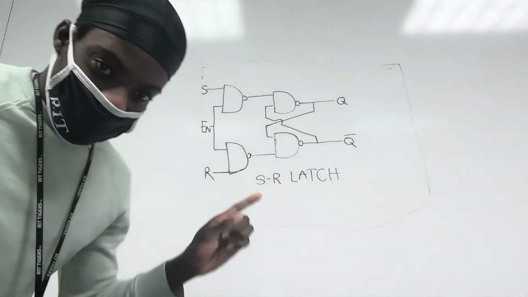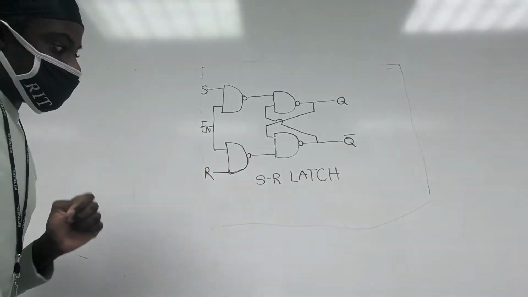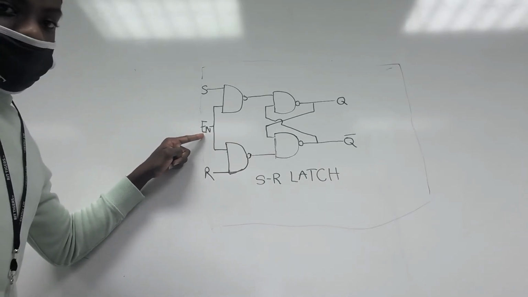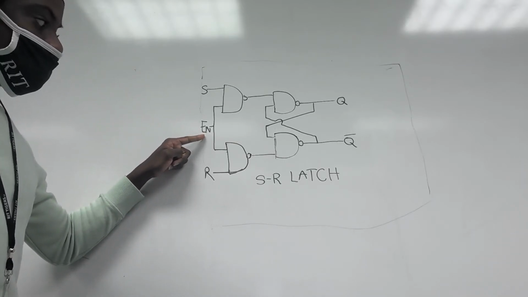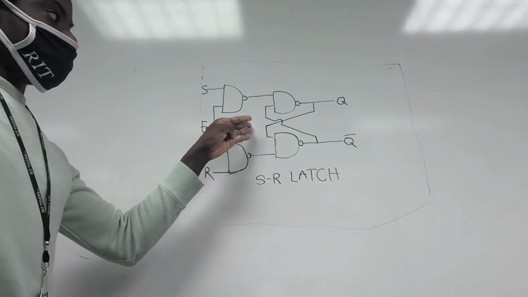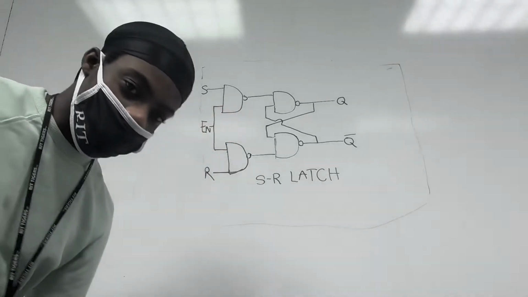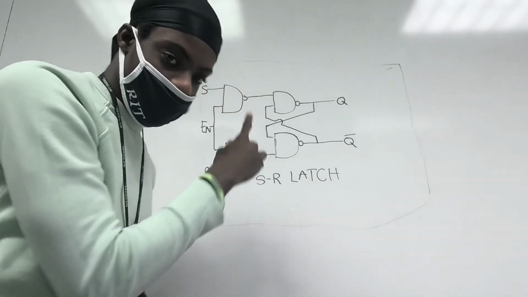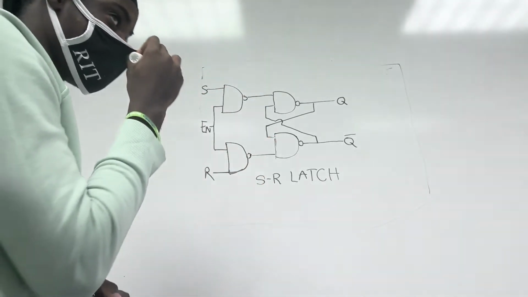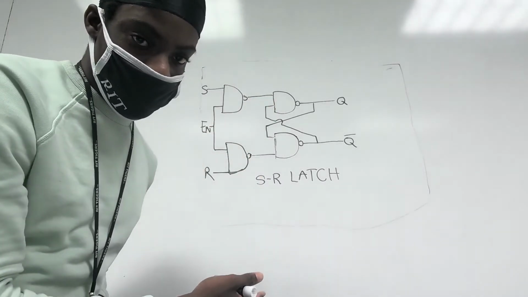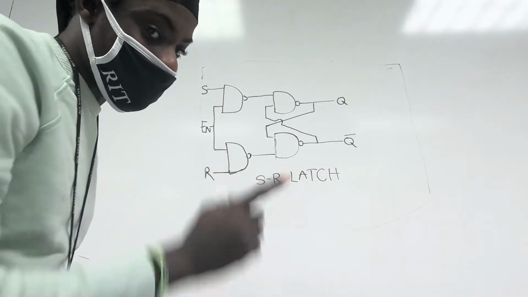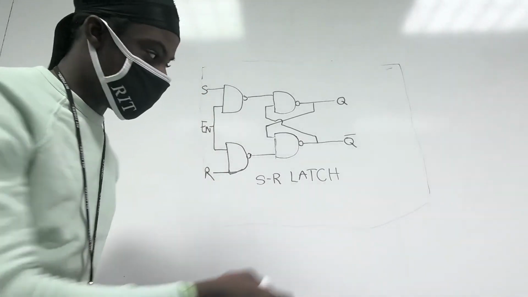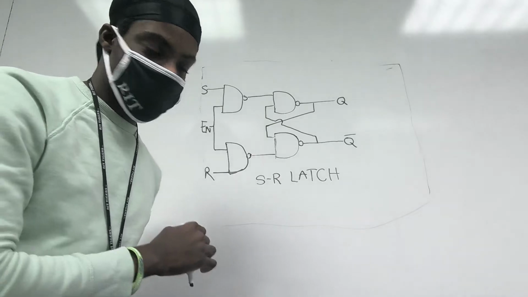Another thing to note about this circuit in particular is that enable has to be 1. I'll show you. One other thing about this circuit is that it's no longer an active low circuit. This is now active high. That is, S or R have to be 1 in order for it to do its thing.